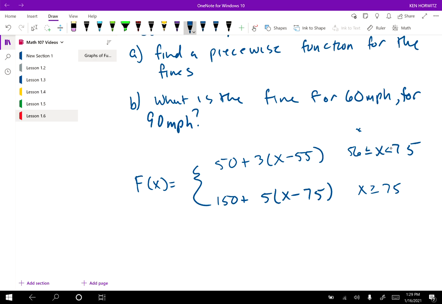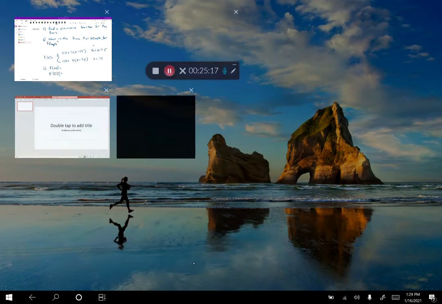All right. So now, for part B, I really just want to know what f of 60 is. I'm used to using lowercase letters, and this time I used uppercase. And f of 90. So why don't you pause the video real quick, run through the calculations, f of 60, then f of 90, and we'll talk about the answer on the back end.